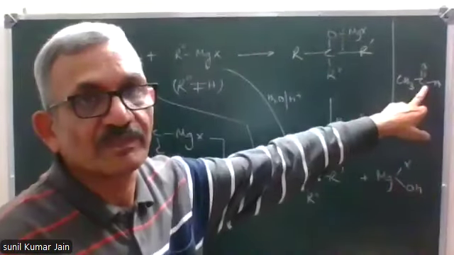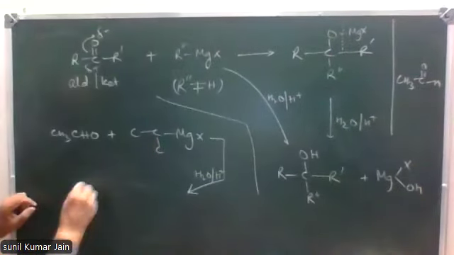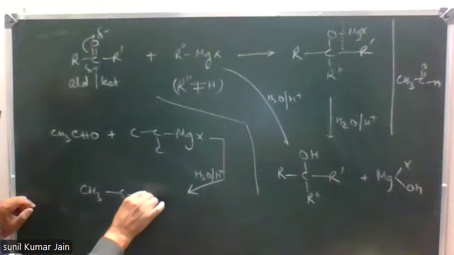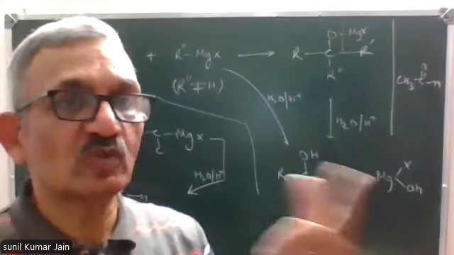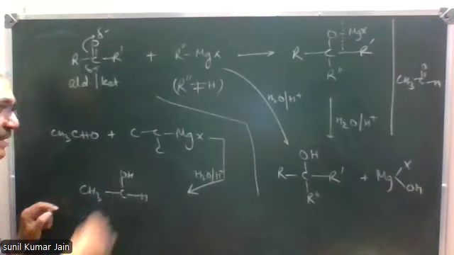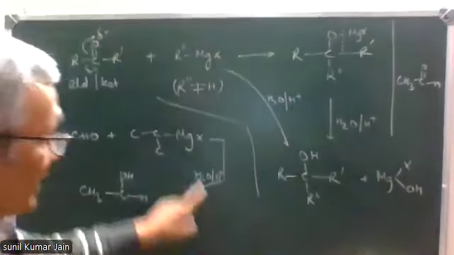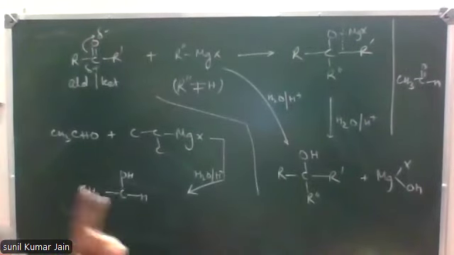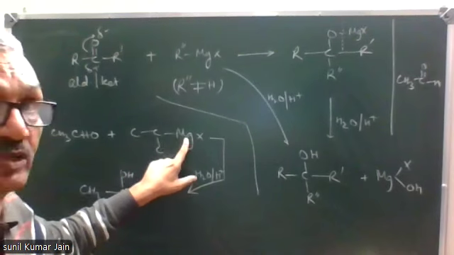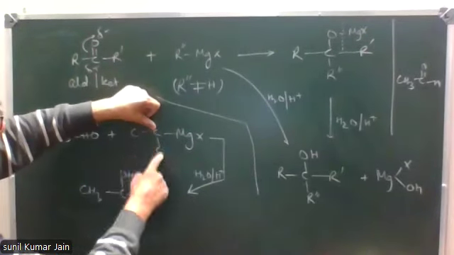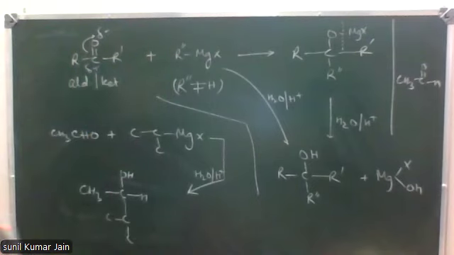This is CH3CHO. Convert the double bond into a single bond. This is step 1. Step 2, attach hydrogen to the oxygen atom. Done. Step 3, attach the alkyl chain of the Grignard reagent to this carbon atom. But remember, the bond will be formed through the carbon which is bonded to magnesium. So this carbon atom of the Grignard will form a bond here. This is the final alcohol obtained.